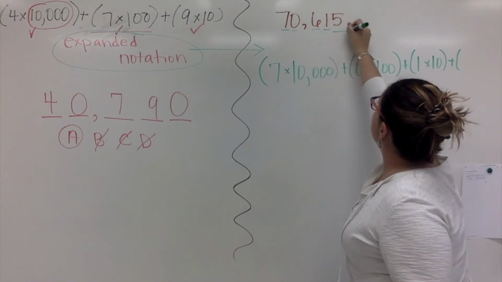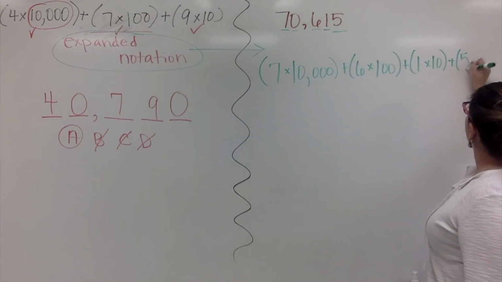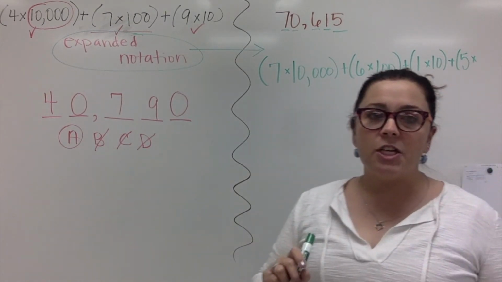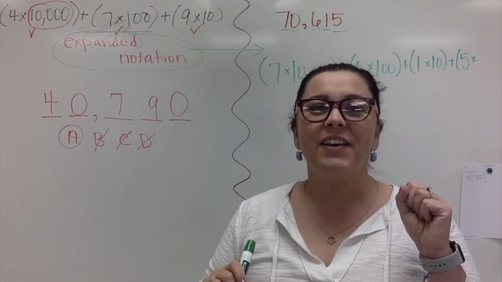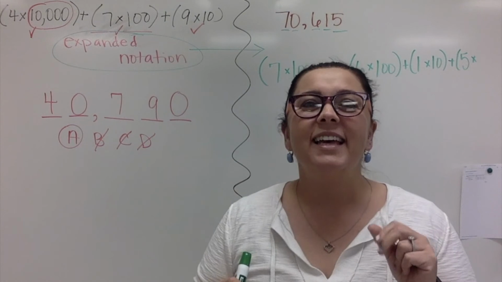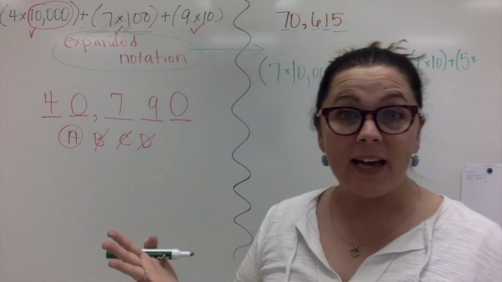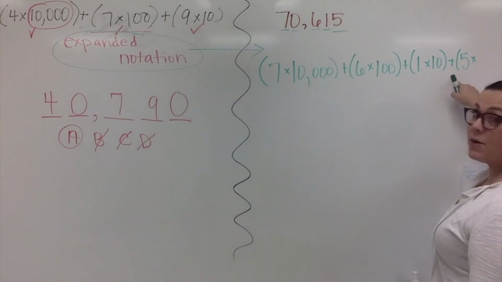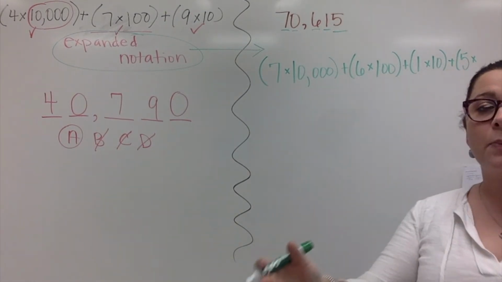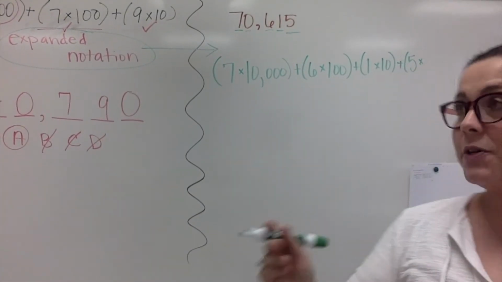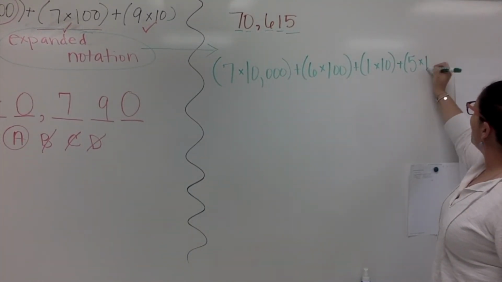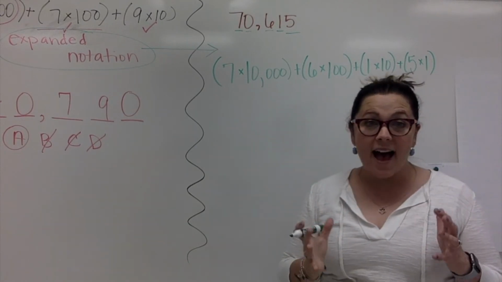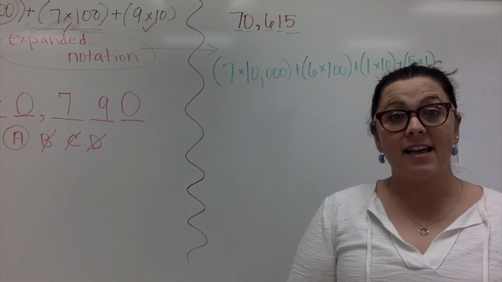That digit is a 5. So I'm going to drop the 5 there, and remember, I must multiply each digit by the value of the place it is in. Very good. And what place is our 5 in? Yes, it is in the ones place. So I simply have to multiply that 5 by the number 1. And then I can close my parentheses. Since that is my last digit, that is my last set of parentheses.